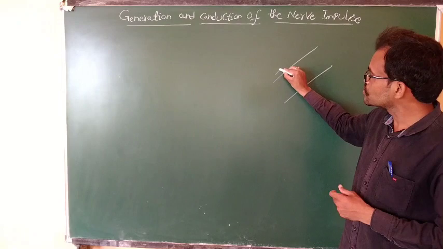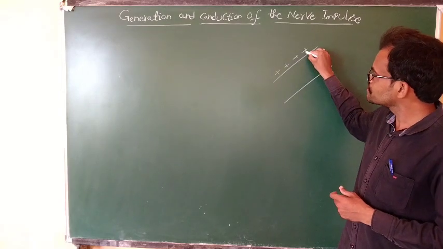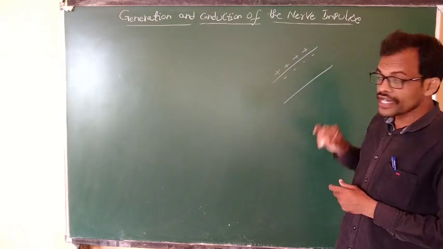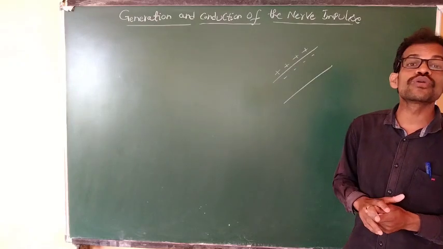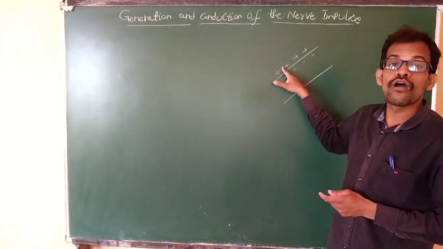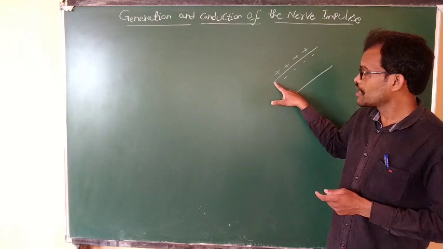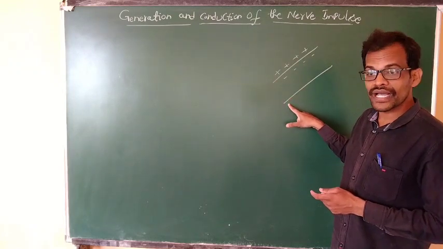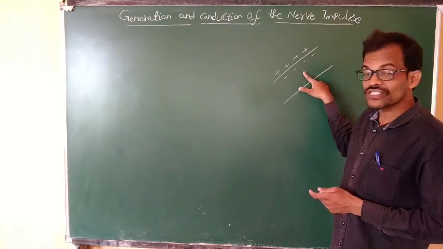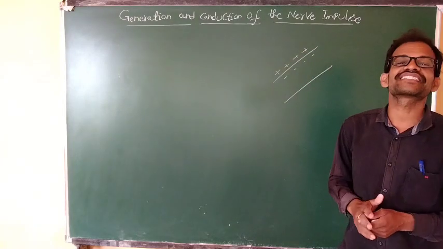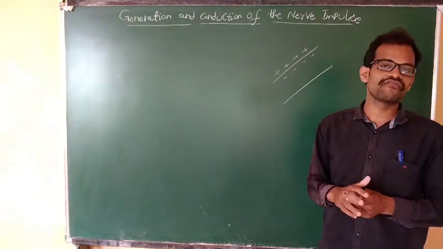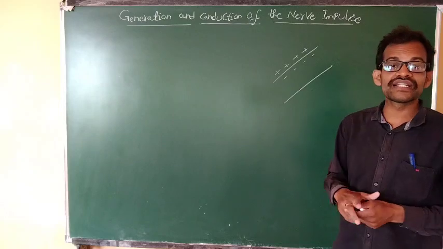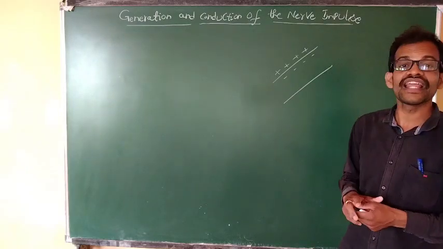This axolemma always maintains a positive charge outside and a negative charge inside. Below the axolemma is the axoplasm. Outside is extracellular fluid, inside is intracellular fluid. Outside always maintains positive charge, inside always maintains negative charge.